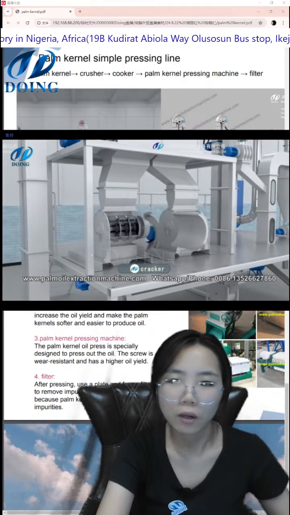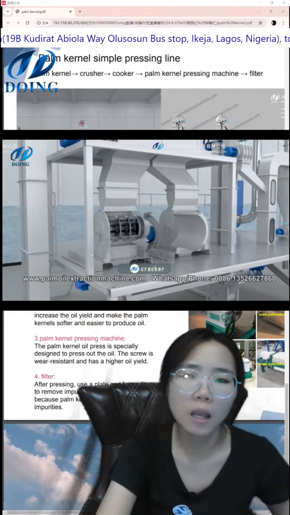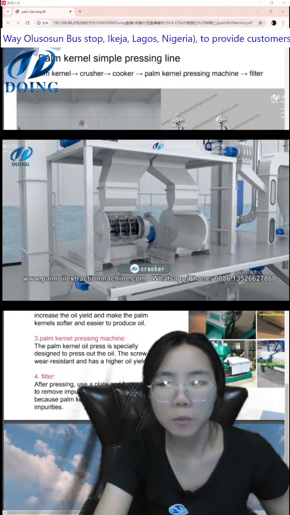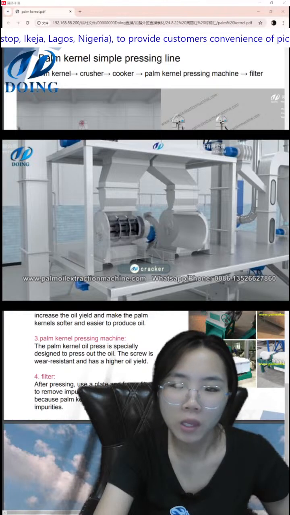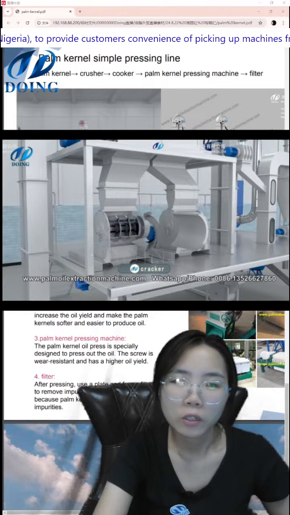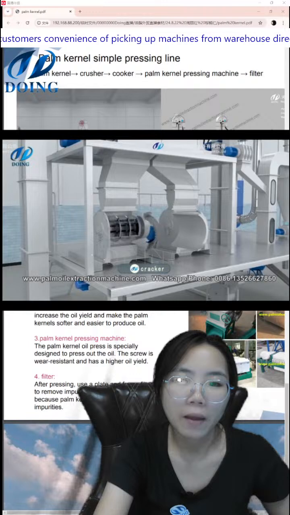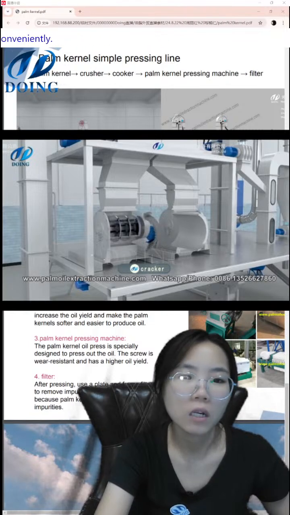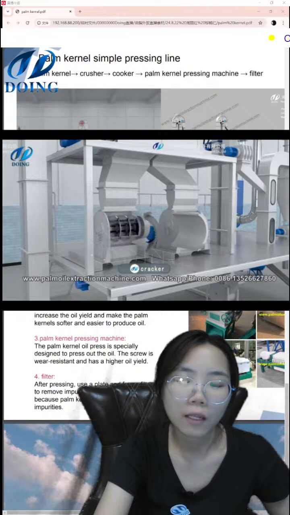And this is a cracker. This machine's processing capacity is 2 to 3 tons per hour. By adjusting the gap between the rotor and the inner wall in the machine, we can see this video. It achieves a good cracking efficiency.